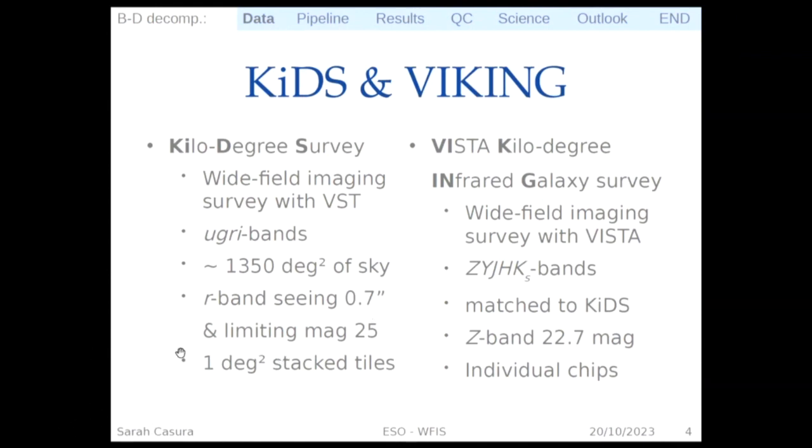So for KiDS, we actually use the 1 degree squared stacked tiles, the science tiles. For VIKING, we decided to stay at the individual chip level, which has important consequences for our processing, and which is just to avoid some PSF uncertainties, essentially.